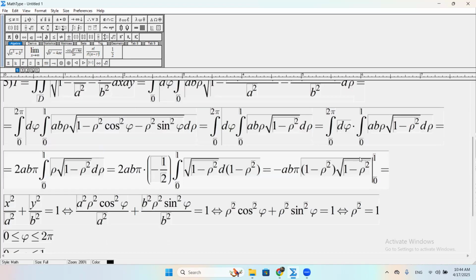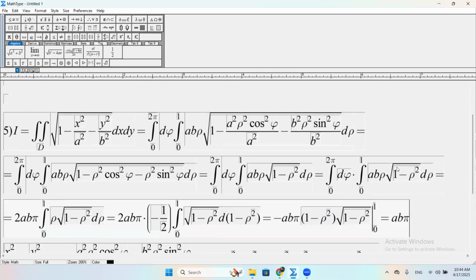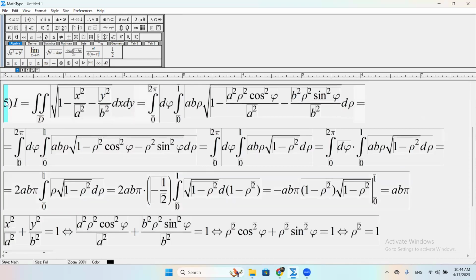If I substitute 1, I receive just 0 here, and if I substitute 0, I will receive 1, but we also subtract 1, so the final answer will be ABpi. So we calculated the integral. Any questions about this exercise? Is everything clear? If so, let's move to the next exercise.